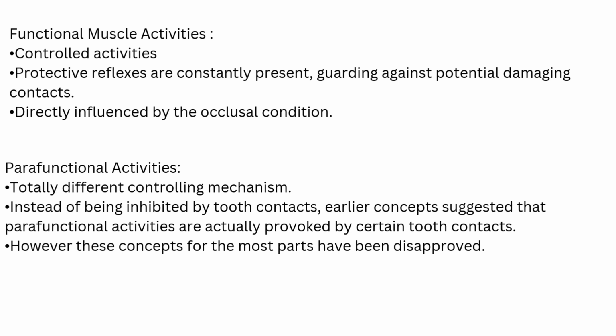They guard against potential damaging contacts and directly influence the occlusal conditions. Understood? Others are parafunctional activities. These have a totally different controlling mechanism. Instead of being inhibited by tooth contact, earlier concepts suggested that parafunctional activities are actually provoked by certain tooth contacts, but this concept was mostly disproved.